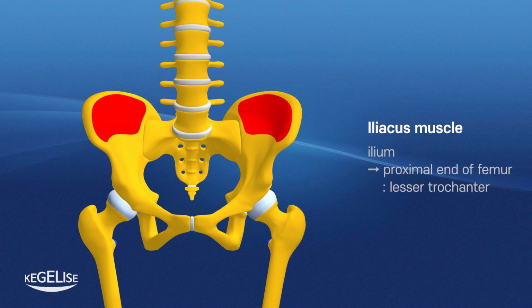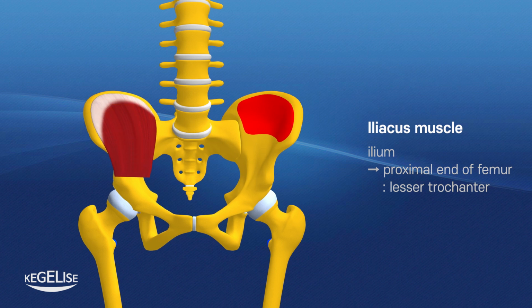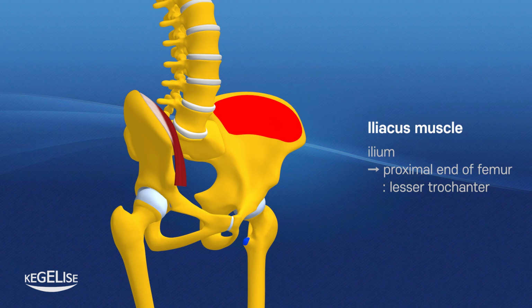The iliacus muscle originates from the ilium and inserts into the proximal end of the femur.